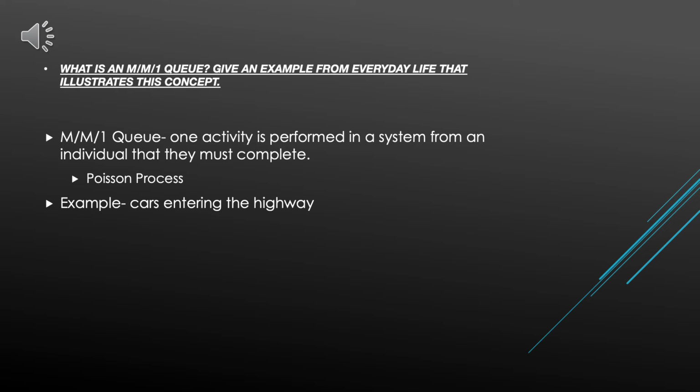So what is an M/M/1 queue, and give an example from everyday life that illustrates this concept. So an M/M/1 queue is a queuing theory model that represents the queue's length in a system with just a single server, or it's one activity that's being performed in a system from an individual that they must complete.